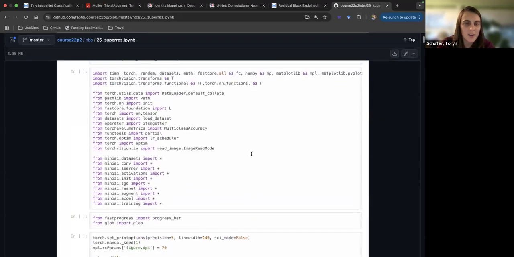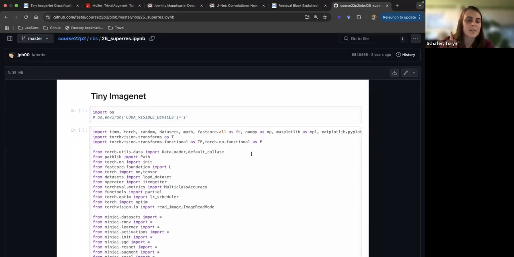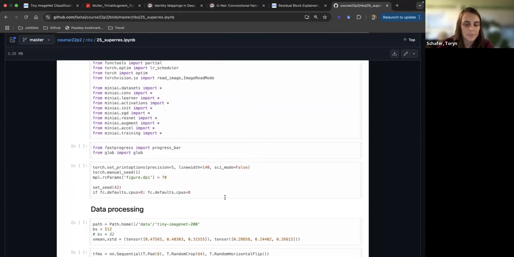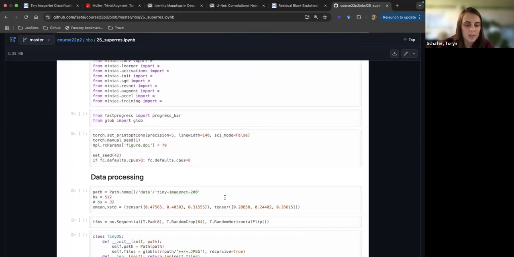Okay. So in notebook 25, now we are doing this for super resolution. So we have these images.